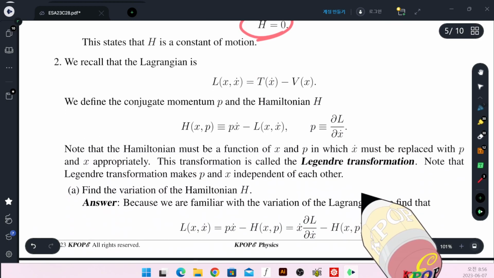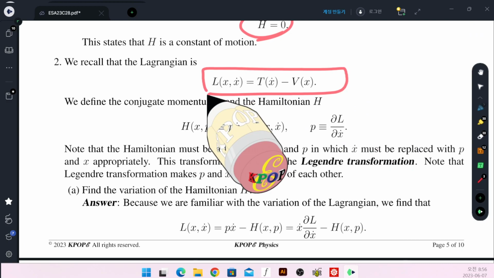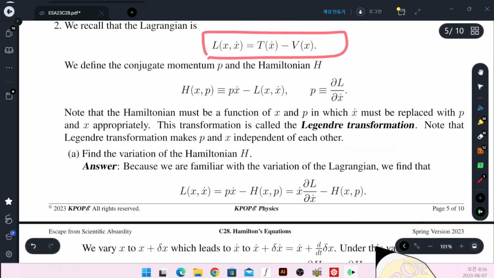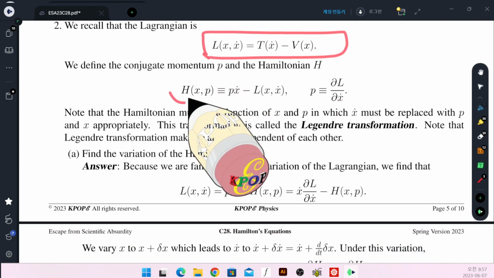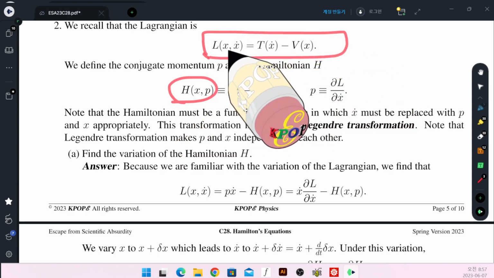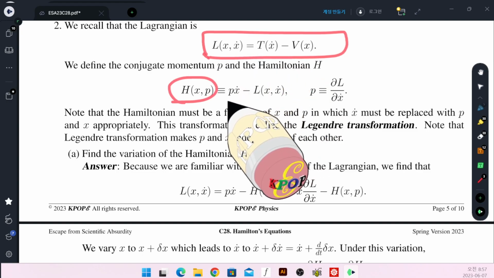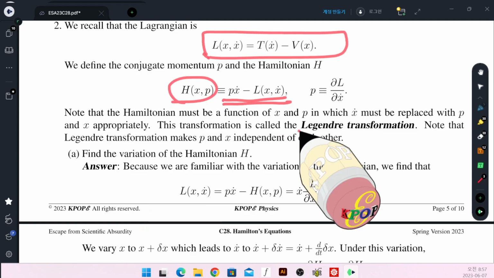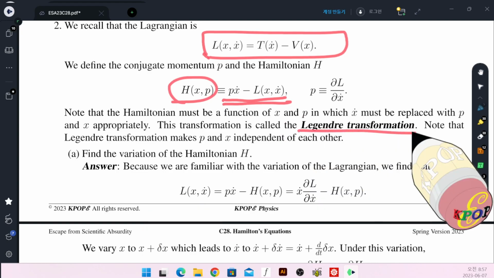This is the conservative force. We recall that the Lagrangian is kinetic energy subtracted by the potential energy. So the formal definition of the Hamiltonian is to transform the Lagrangian under a very specific transformation that is called the Legendre transformation.